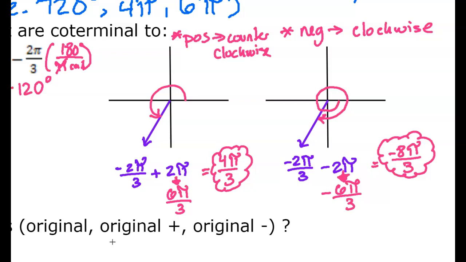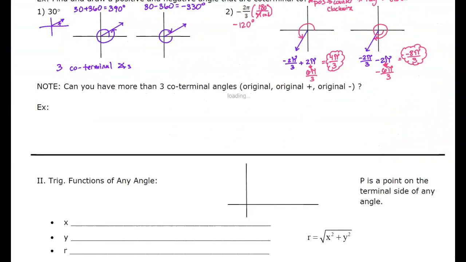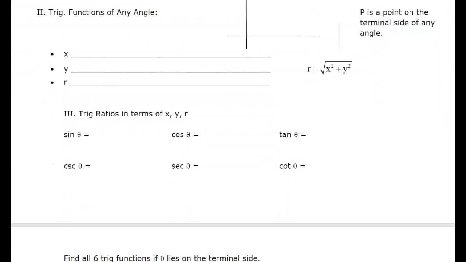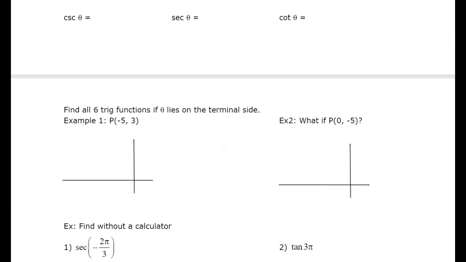There's a time when you would use the negative x-axis for the terminal side, the ending side, or are you talking about the initial side? If it's a 180-degree angle, yes, the negative x-axis would be your terminal side. The reason I said sometimes you'll have the x-axis as your initial side was referring to what we're about to do way down here.